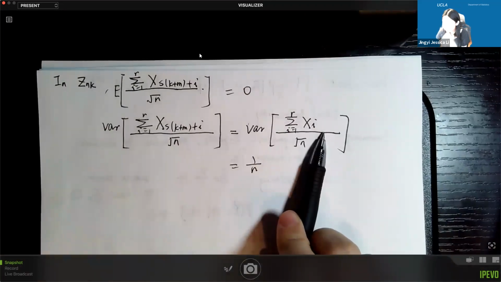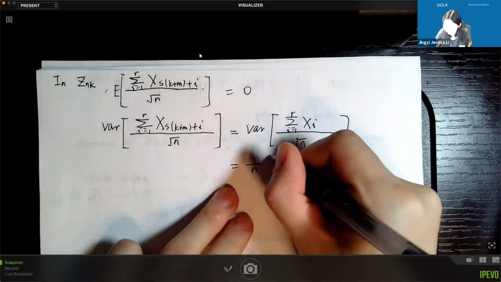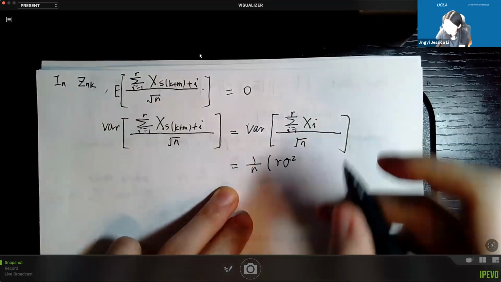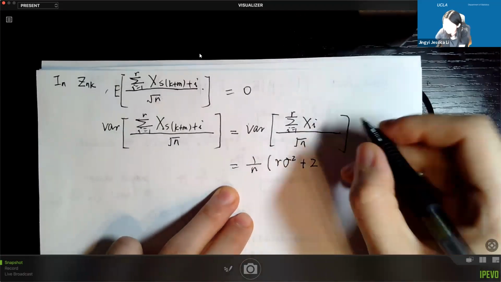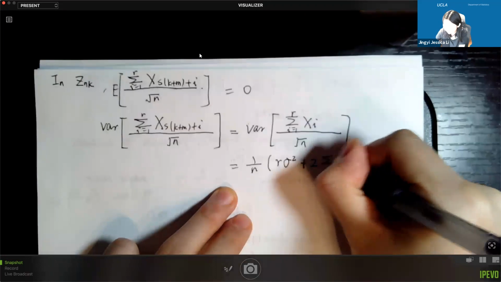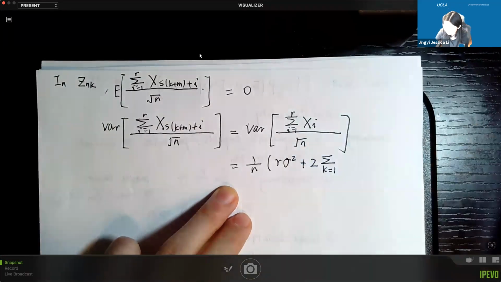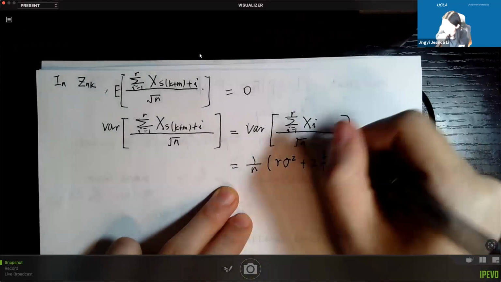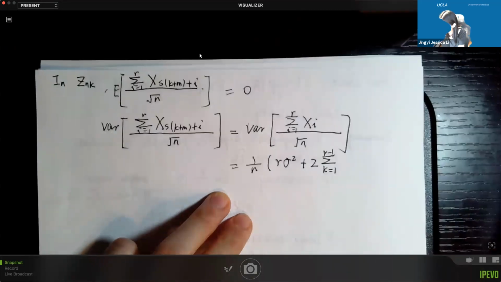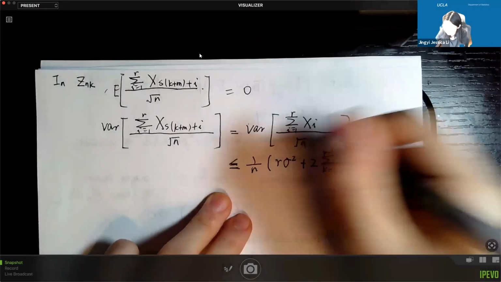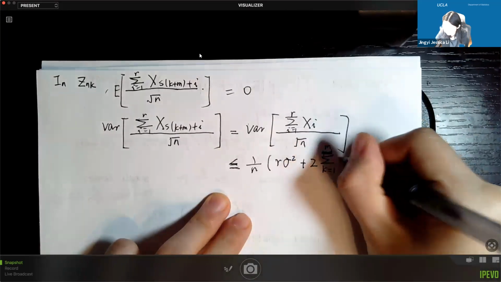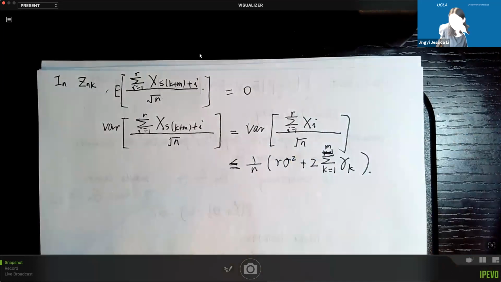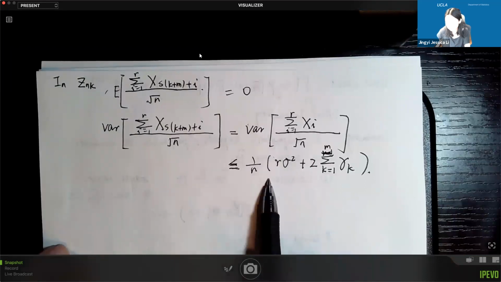Then by the same argument as before, this is r times sigma squared plus 2 times the sum over k from 1 to r minus 1. R is less than, we don't know actually if r is less than m or not, because we know r is less than k plus m. So I'll just do k from 1 to m, gamma k. So still, I can give it the upper bound here. And then you see what's happening. This term is only related to m.